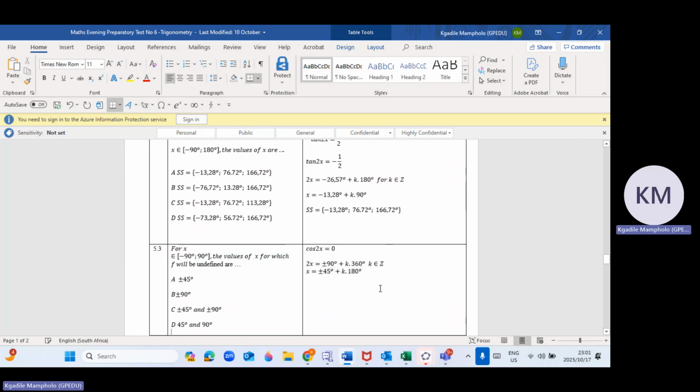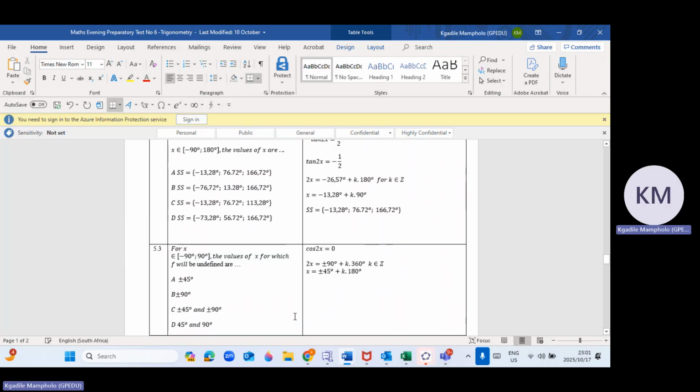So we say 2x is equal to plus or minus 90 degrees plus k times 360, where k is an element of integers. Remember, the period of cos and sine is 360 degrees. Then x will be plus or minus 45 degrees plus k times 180.